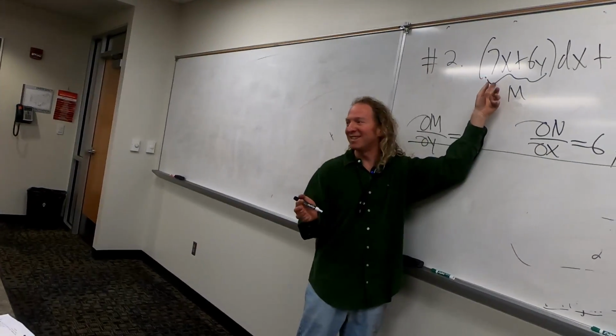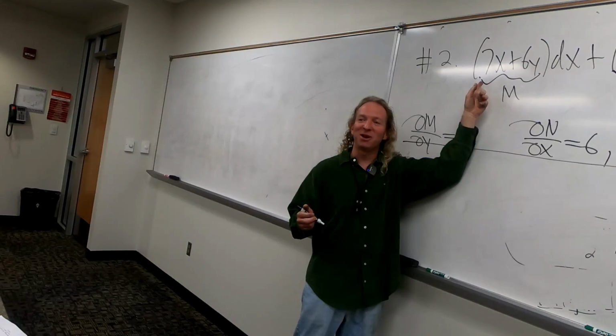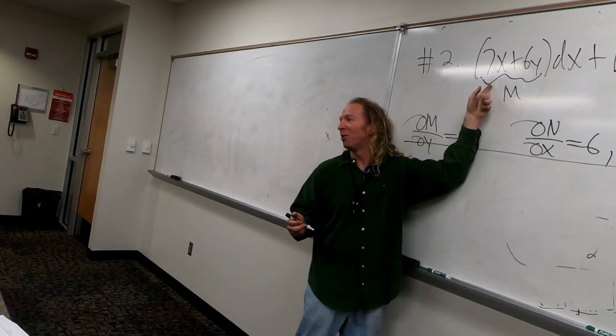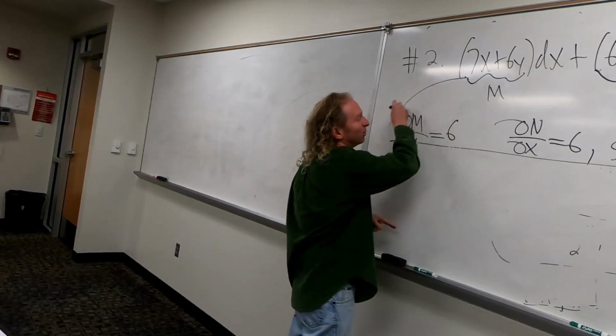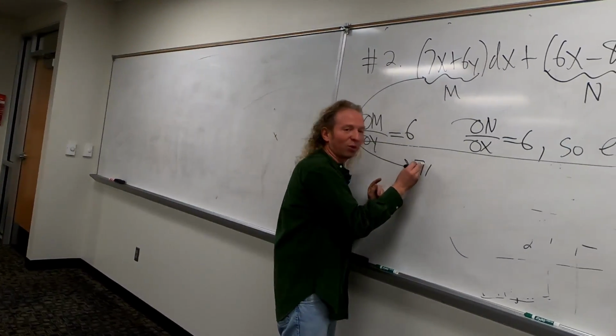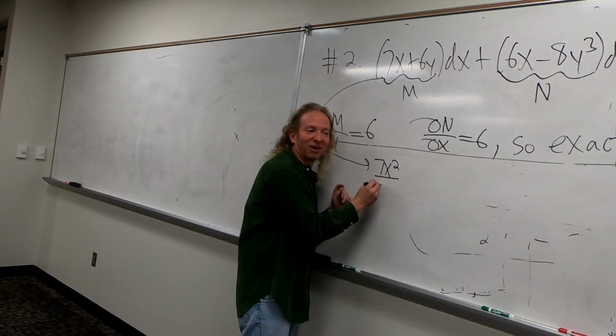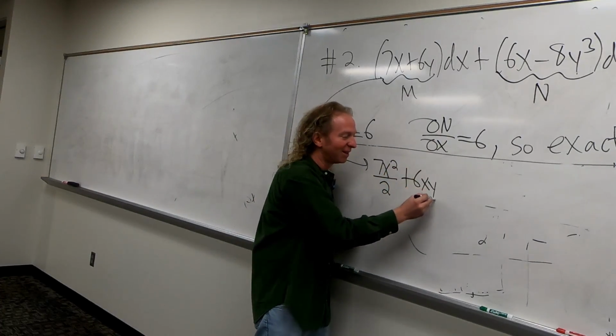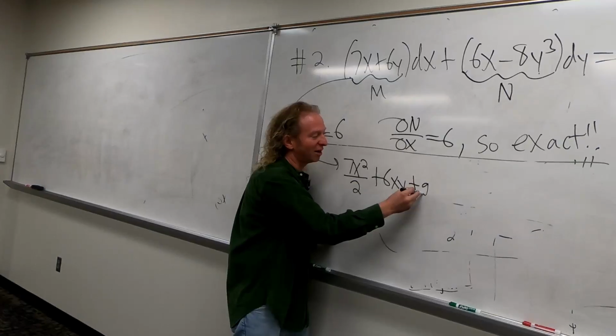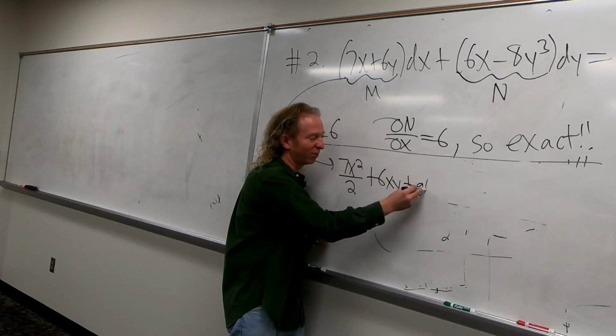Okay, so you take this and you integrate with respect to what? X, yes, with respect to x. So it would be 7x squared over 2 plus 6xy plus g of y.